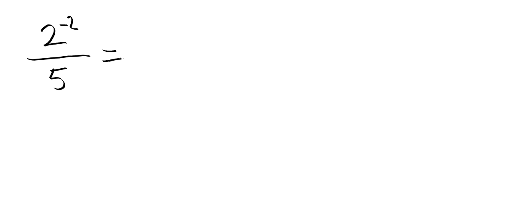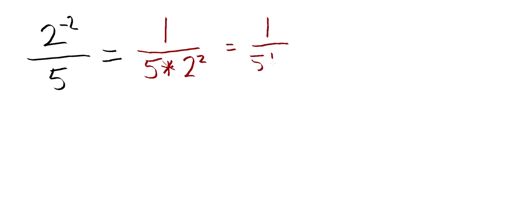It has an exponent of 1. It's got an invisible exponent. My 2, though, does need to move to the other side of that fraction bar. So if I'm going to move that down, my numerator here is 1. Okay, it doesn't turn into 0. There is still a number there. And then I have 5 times 2 squared. Gives me 1 over 5 times 4, that is 1 over 20.